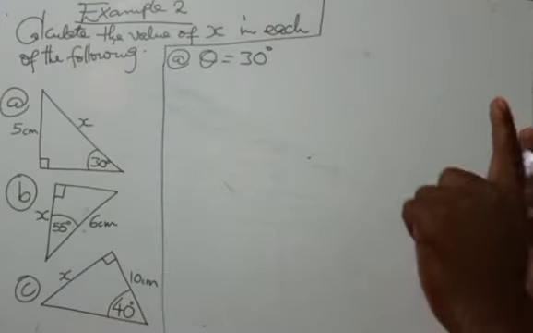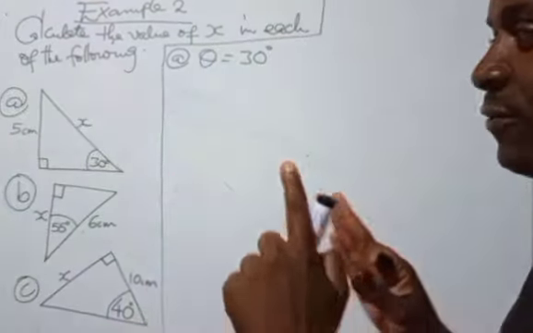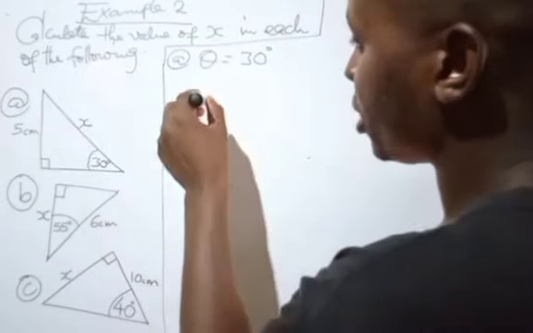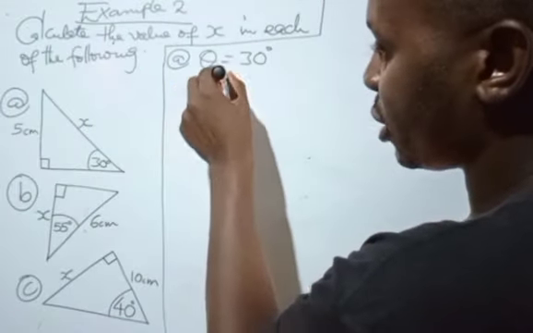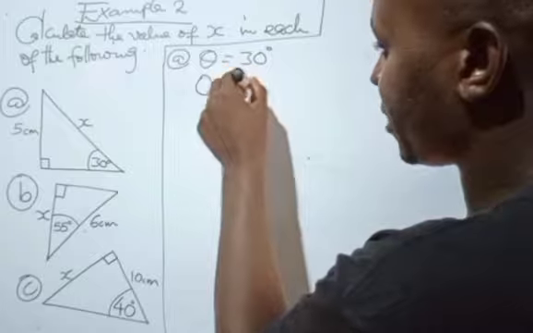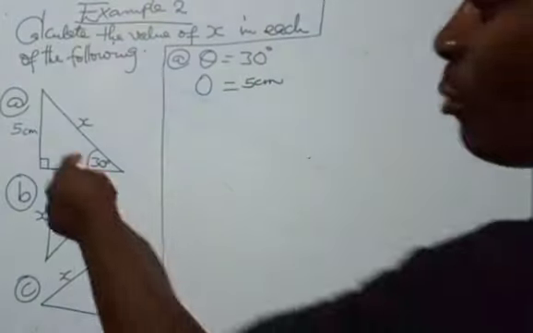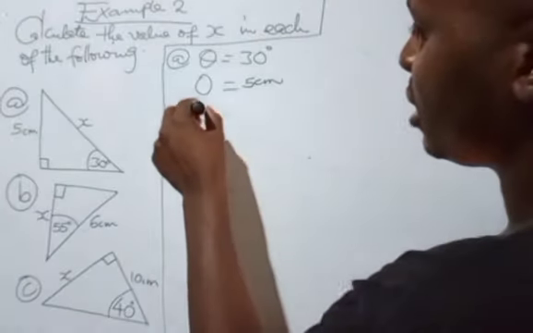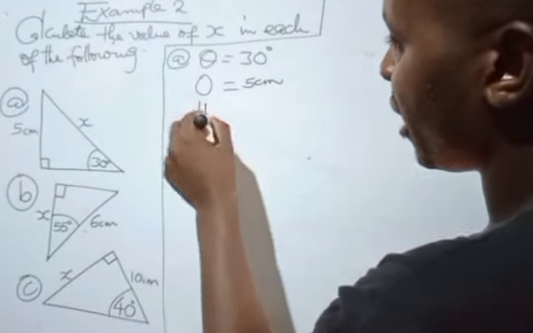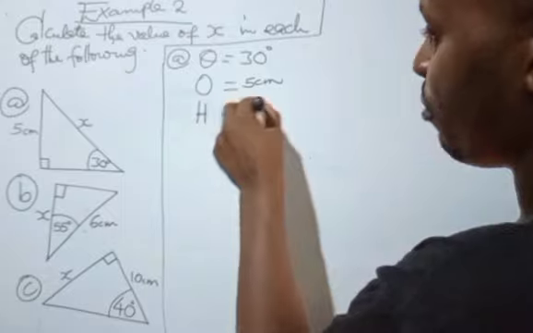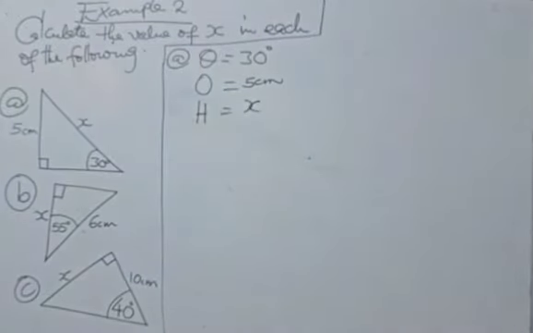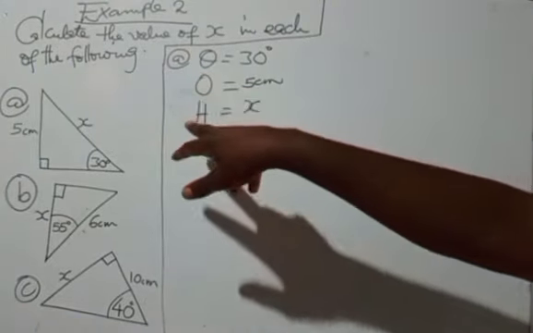We have to look at the side where that 5 is. It is opposite of 30, meaning O is 5 centimeters. Now, x is opposite to 90 degrees, meaning it is the hypotenuse. So now we have O and H.